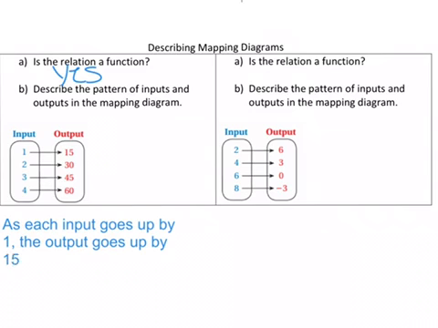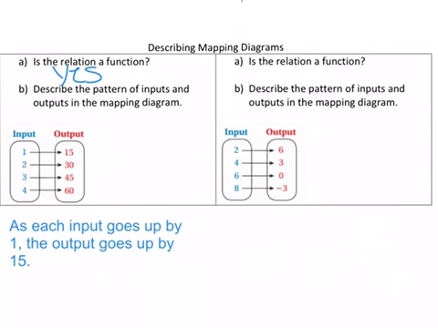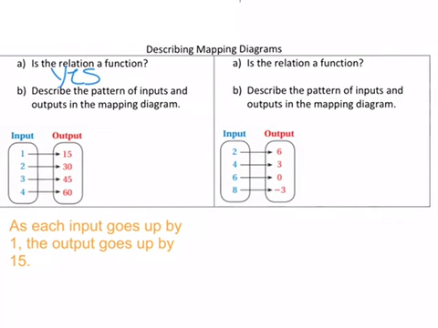So you're showing what's going on with the mapping diagram. We're looking at how our x's are maybe increasing or decreasing. So they're going up by 1. And as that happens, our outputs are going up by 15.